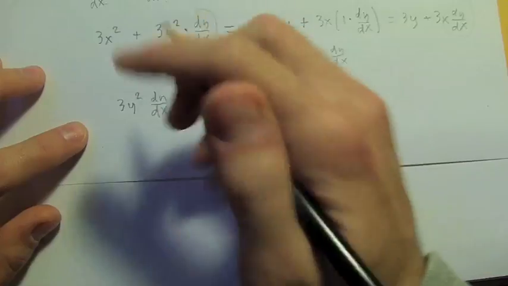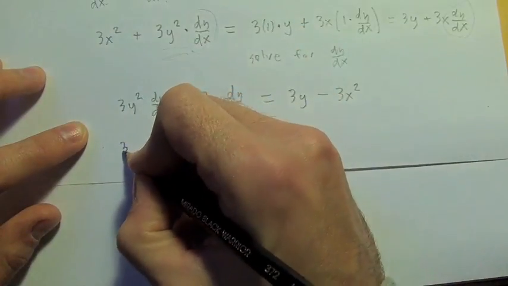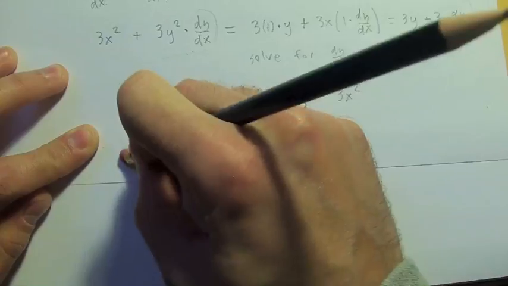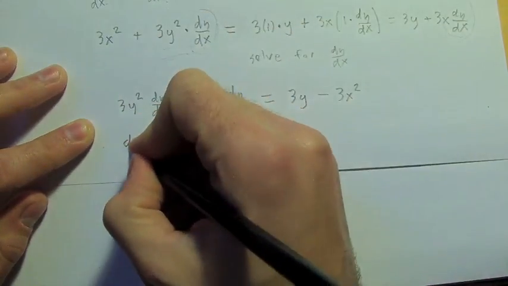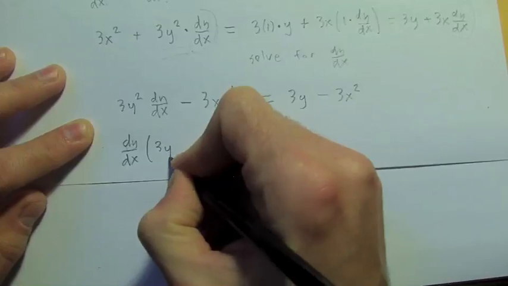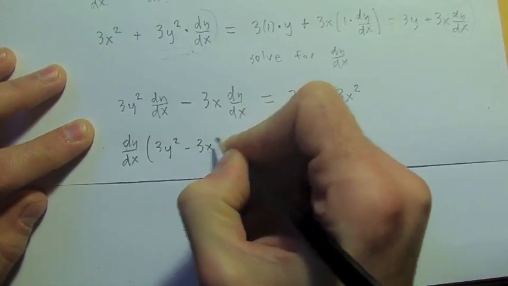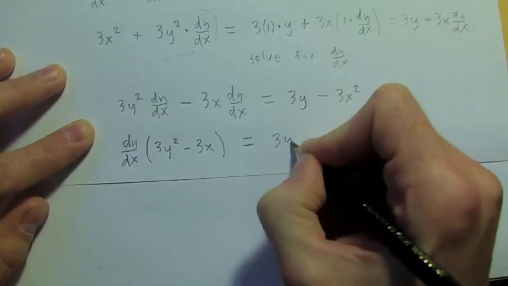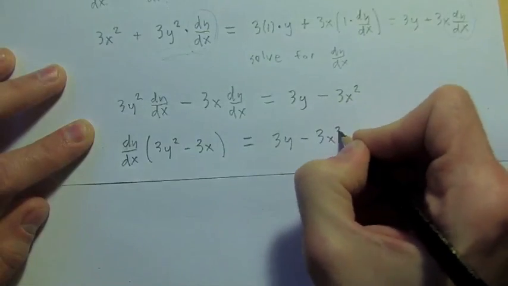So let's factor out a 3. And you know what? I'll just save that for later. So let's just factor out the dy over dx. And this is multiplied by 3y squared minus 3x. And over here we have the 3y minus 3x squared.